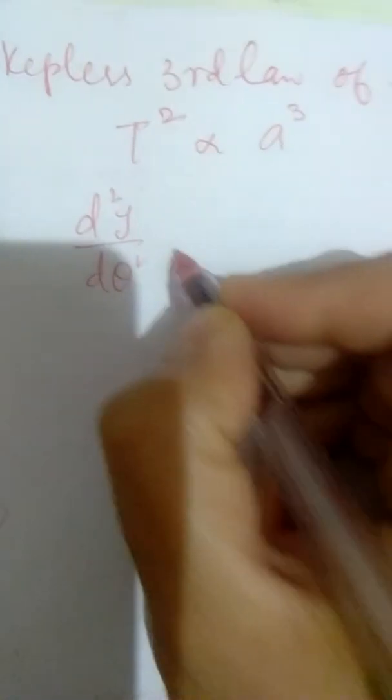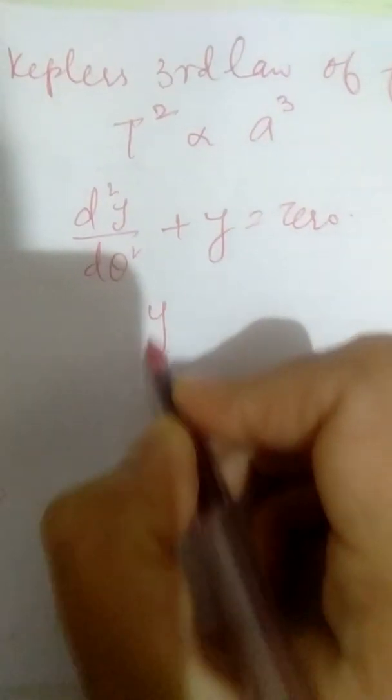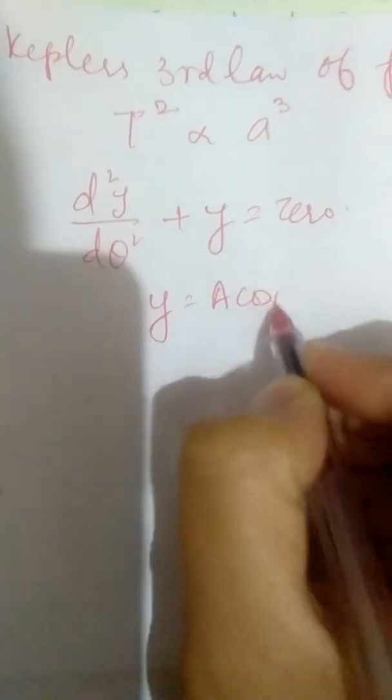Now, you have also learnt about the differential equation of motion for an object moving under the influence of a central force, and that equation was d²y/dθ² + y = 0. For such a differential equation, the solution is given by y = a cos θ.